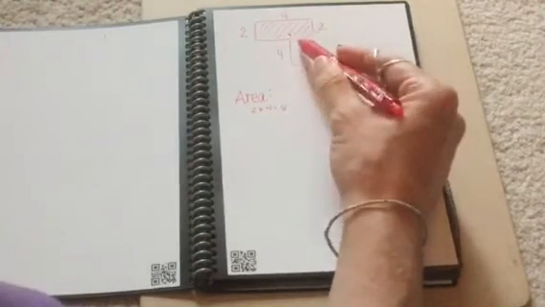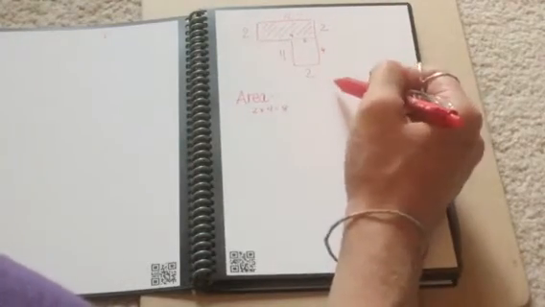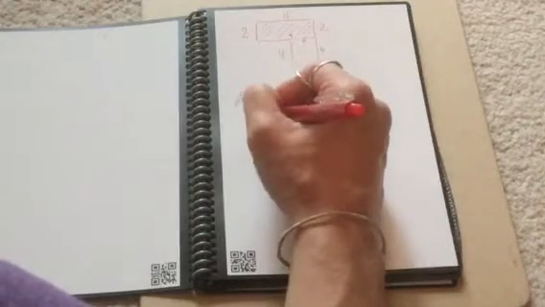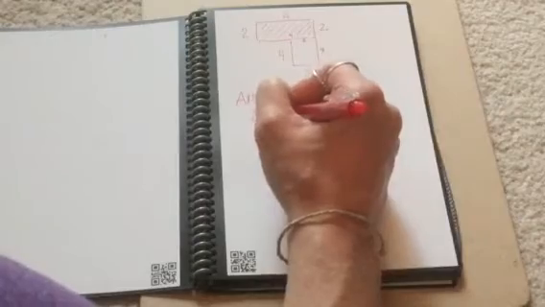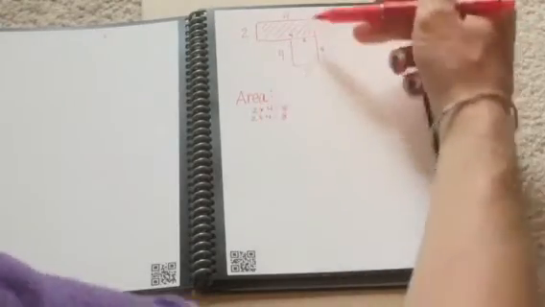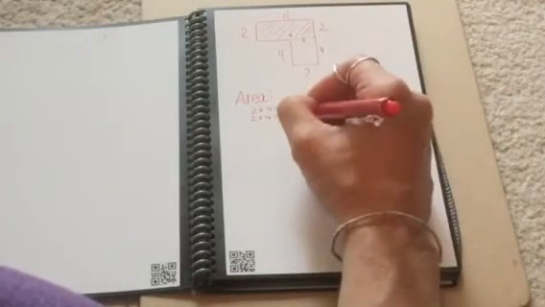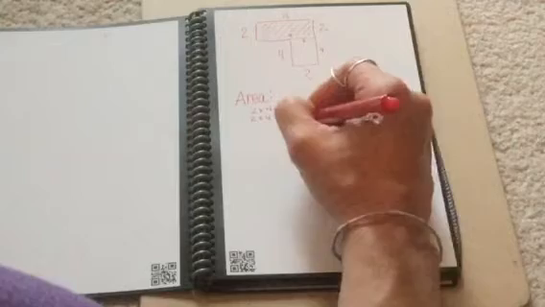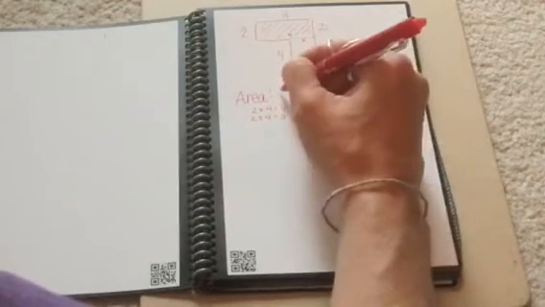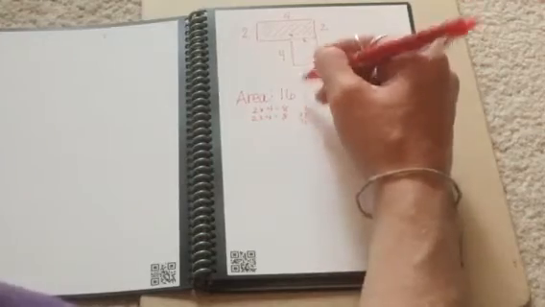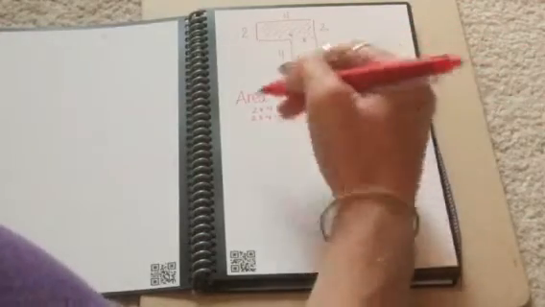Well, then let's look down here at the white one. Look at that. 2 times 4 is also 8. So now I need to put my 2 pieces together to get the area for the entire shape. And I know that 8 plus 8 equals 16 because I've been working on my equation work, my fact work. So the area is 16.